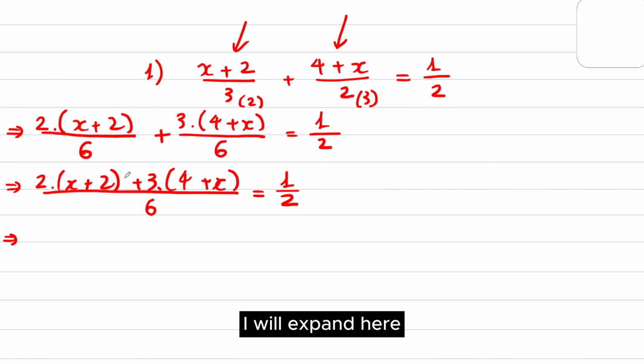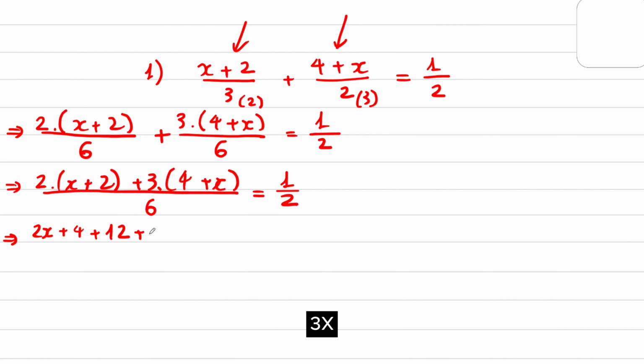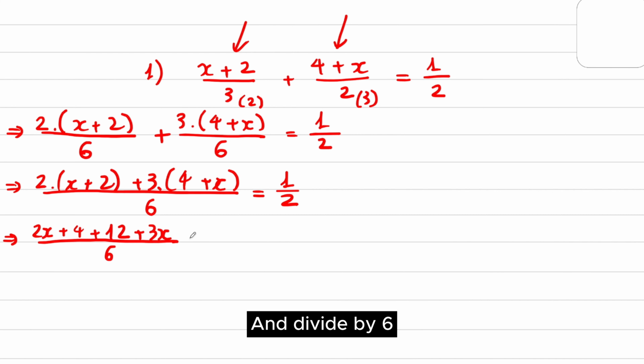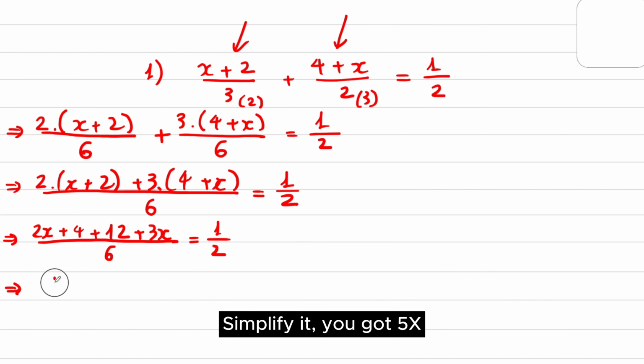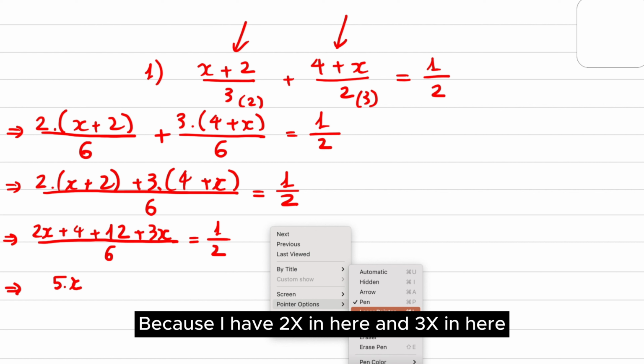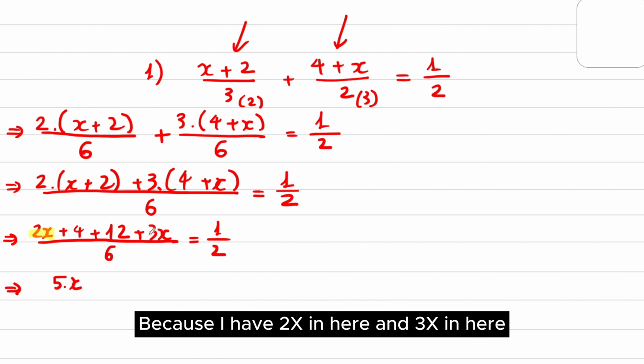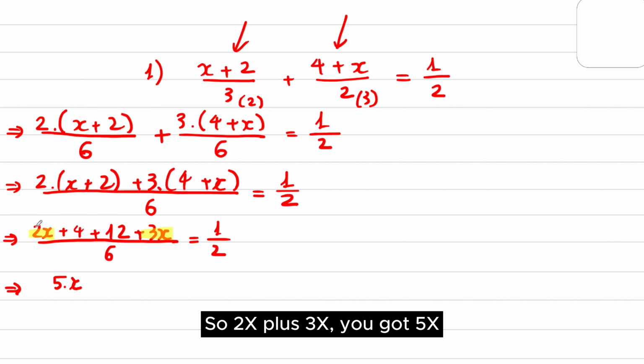1 over 2, I will expand here 2x plus 4, plus 12, plus 3x, and divide by 6 equal to 1 over 2. Simplify it, you got 5x. Why do I have 5x? Because I have 2x here and 3x here. So 2x plus 3x, you got 5x.